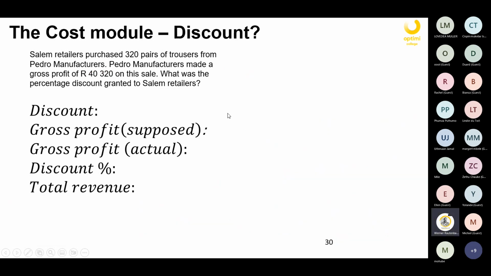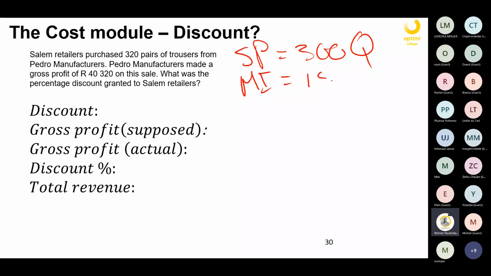Okay, cool. So remember I said the selling price was 300Q. The marginal income was 150Q.